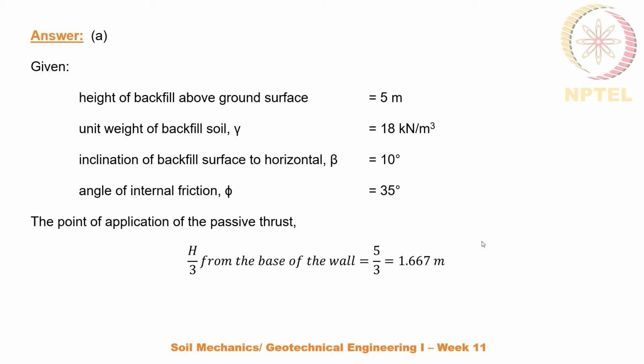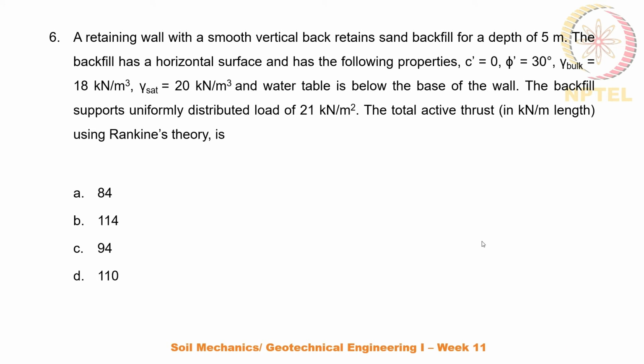All right. So here we have the next question. A retaining wall with a smooth vertical back retains sand backfill for a depth of 5 meters. The backfill has a horizontal surface and has the following properties. C dash is 0 because it is sandy soil.